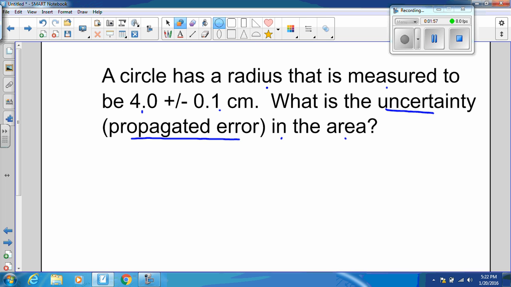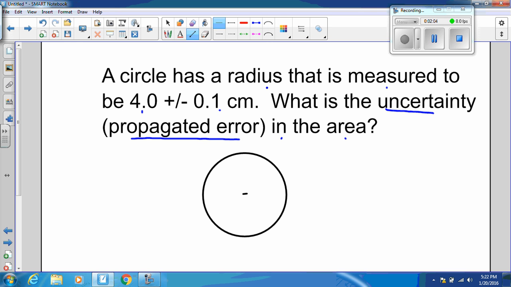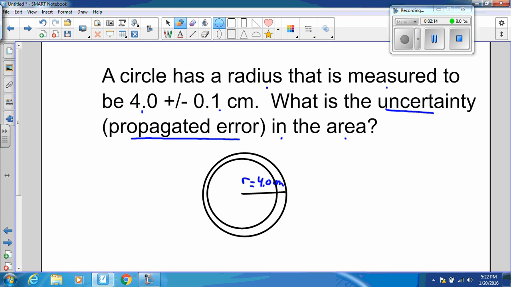So let's depict this situation. What I have is a circle, and I measure the radius of that circle to be 4 centimeters. But whenever you measure a quantity, you're going to have a little bit of uncertainty.